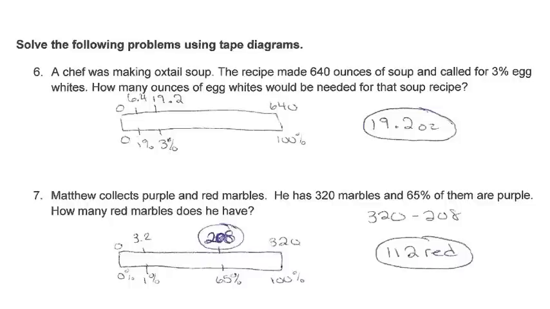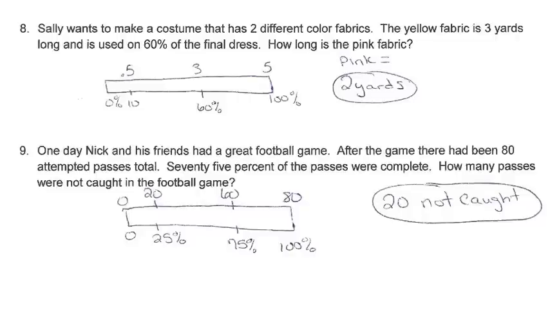Now for questions 6 through 10, you had to use tape diagrams to solve the problems. So for number 6, your answer is 19.2 ounces. Number 7, your answer is 112 red ones. Question 8, your answer is pink is 2 yards.